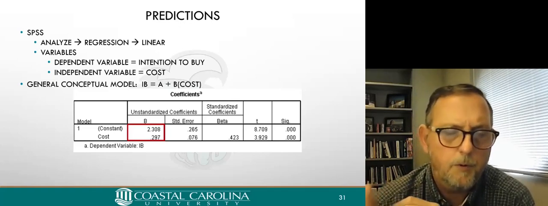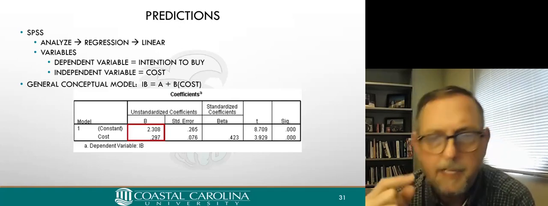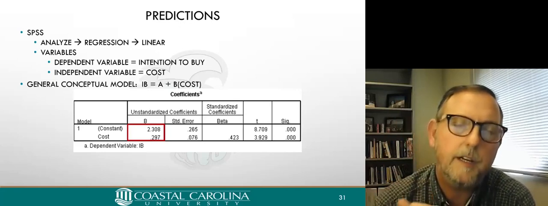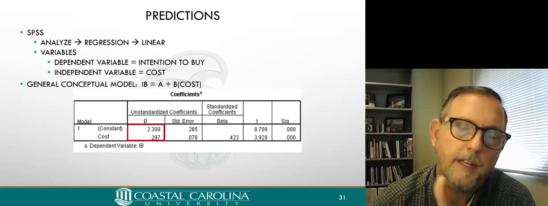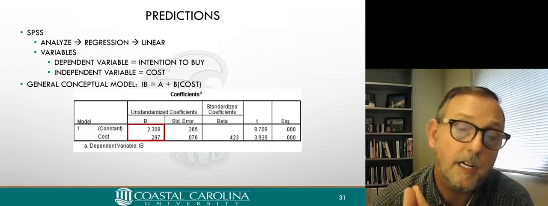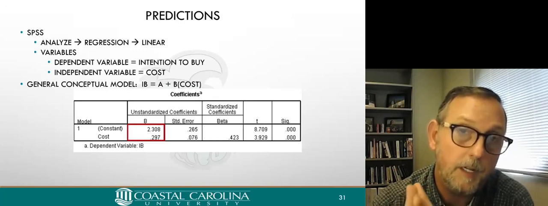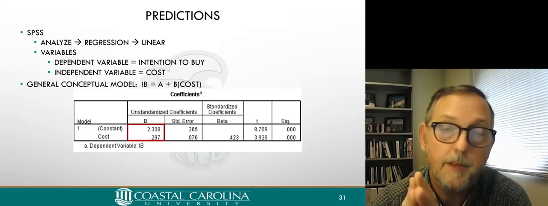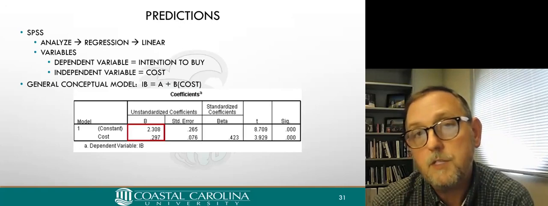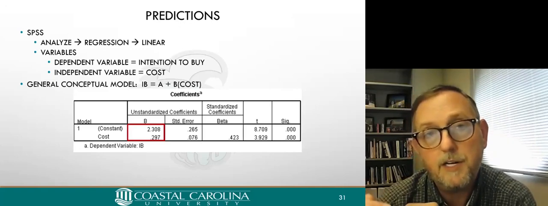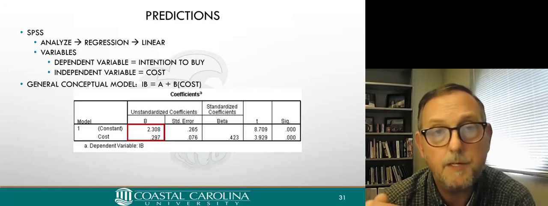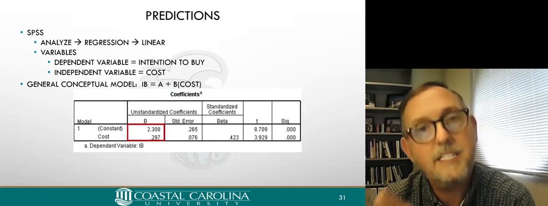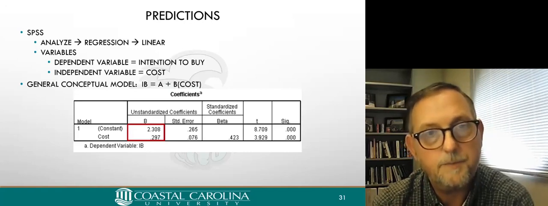A minor point, a nuance that you need to know eventually, is that if you're going to do a prediction model, then you use the unstandardized beta, so the 0.297. If we had multiple variables and we wanted to compare the relative strength of each X, then we would look at the standardized coefficients.